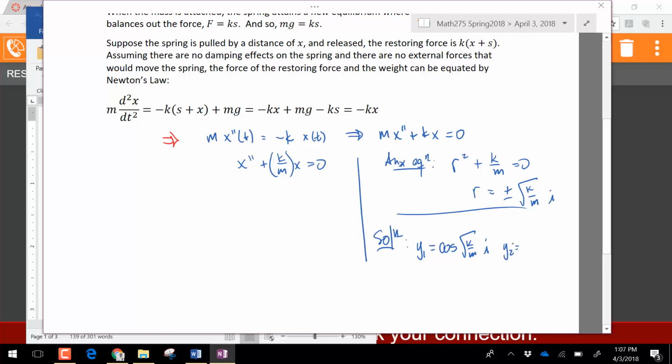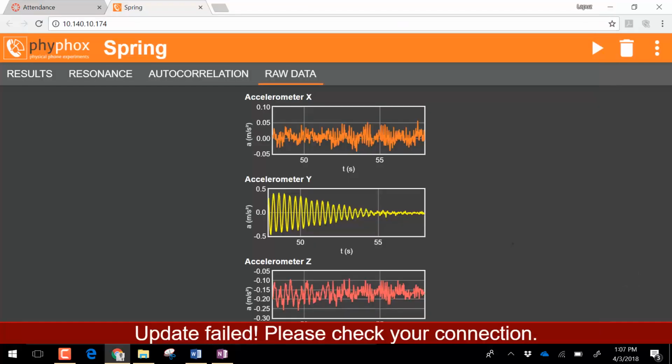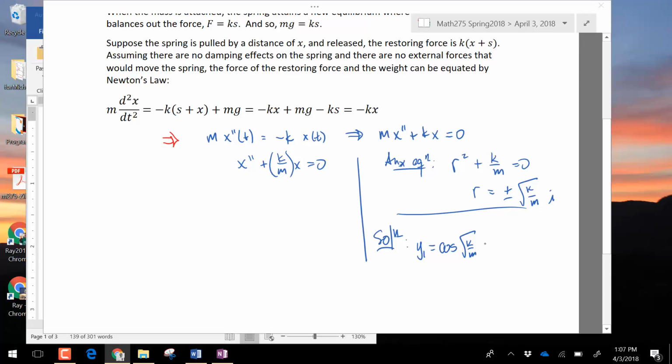Oh, there's no i there. We're using t for our variable, whoops. And then y2 is equal to sine of the same.